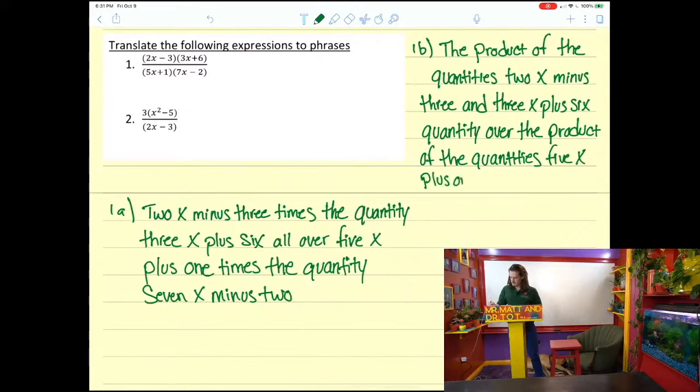I'll make these smaller so they all fit a little nicer.